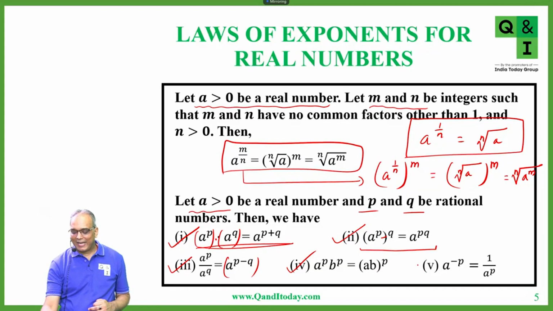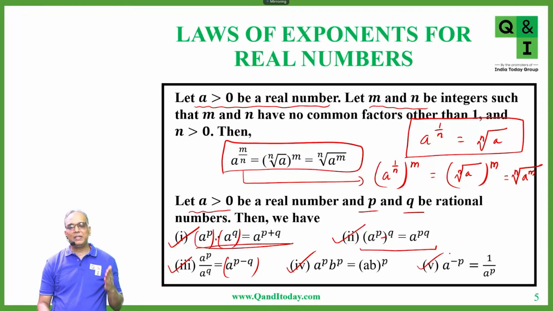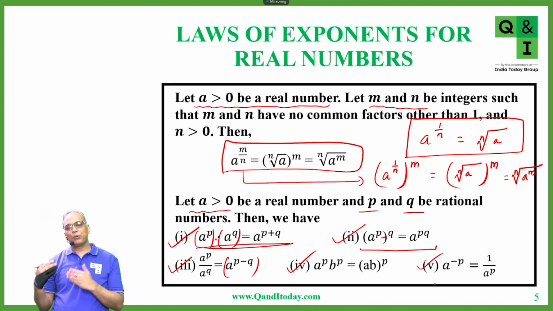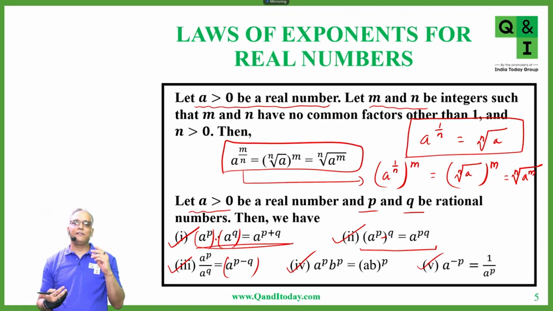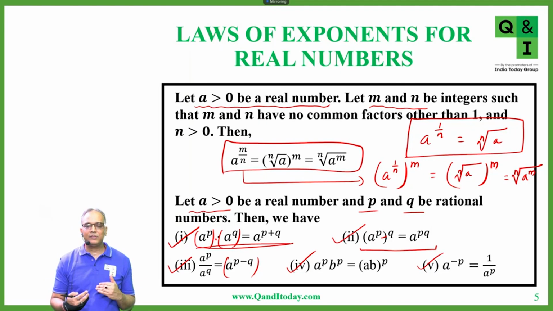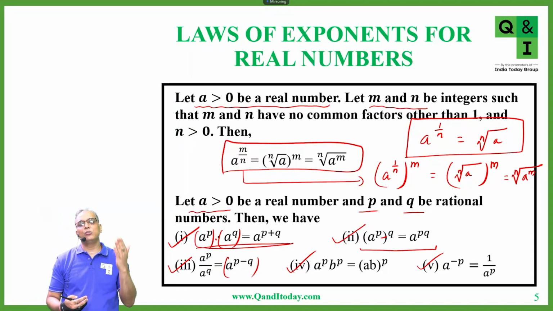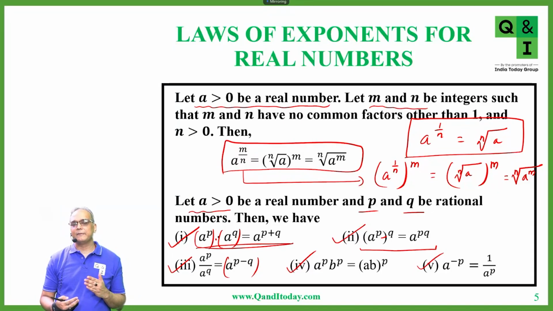Similarly, the last one, a to the power minus p. If you have a negative power over a base, that is equal to 1 by a to the power p. So negative powers, when they are brought to the denominator, become positive. If the negative power is in the numerator, you bring it to the denominator and it becomes positive. Or if the negative power is in the denominator, you take it to the numerator and it becomes positive.